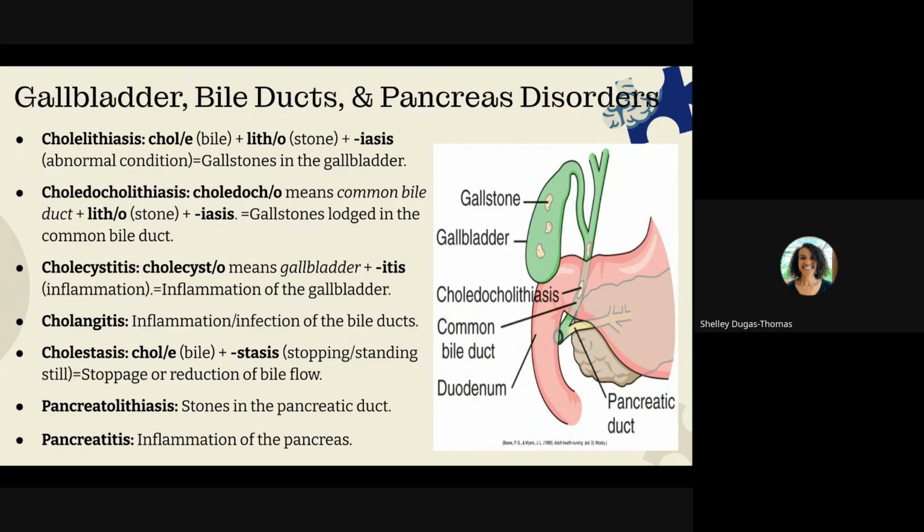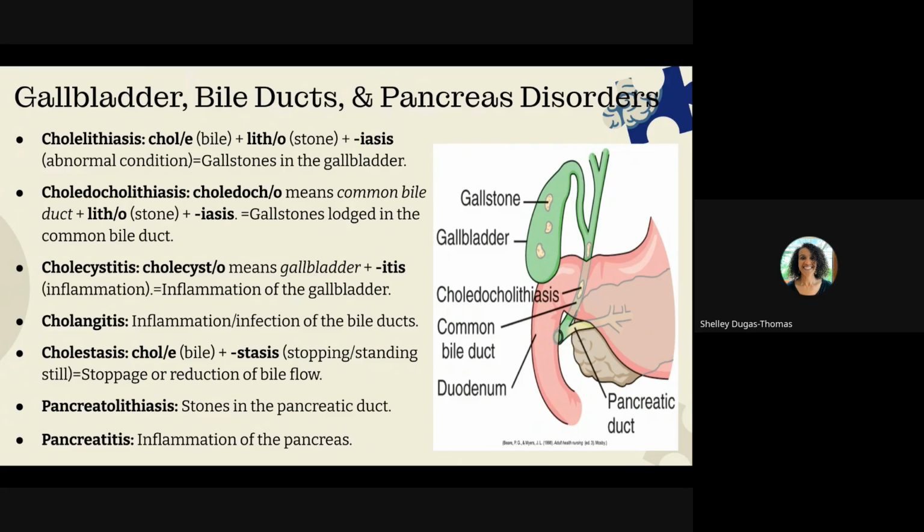So let's look now at some of our bile terminology. Cholelithiasis is chole, which is bile, plus litho, which is stone, plus iasis, which is abnormal condition: gallstones in the gallbladder.